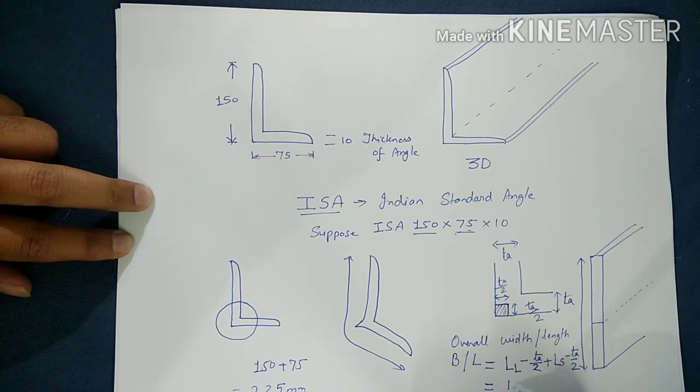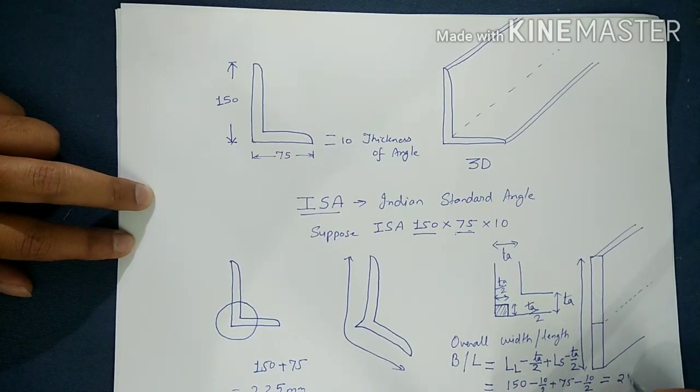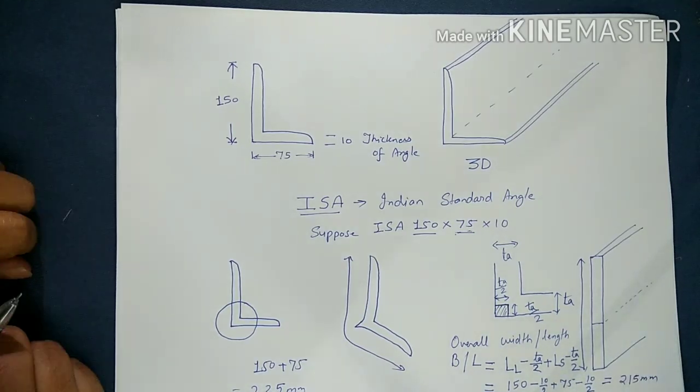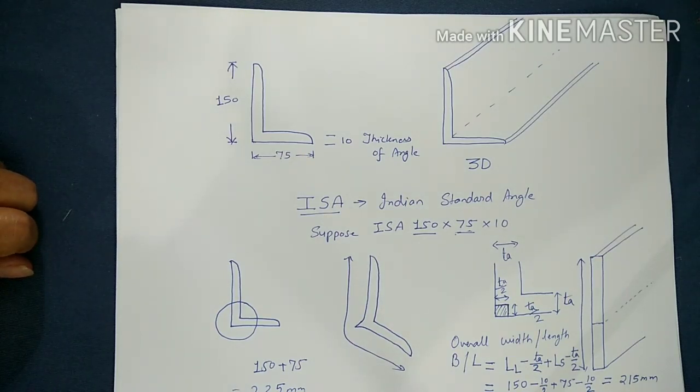That will be 150 minus 10 by 2 plus 75 minus 10 by 2. On solving this, we get 215 mm. Now you can easily calculate the overall width or length of any angle when it is flattened.